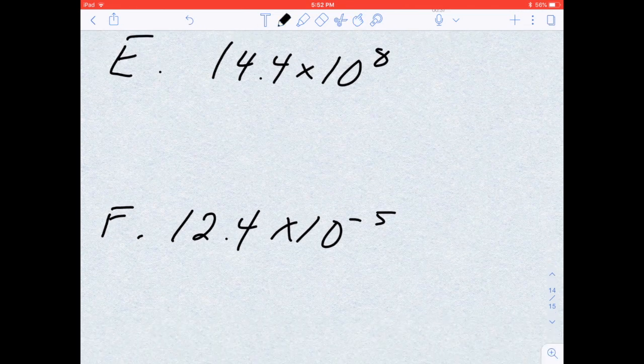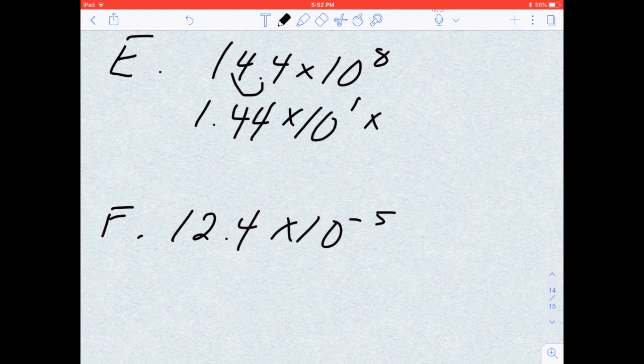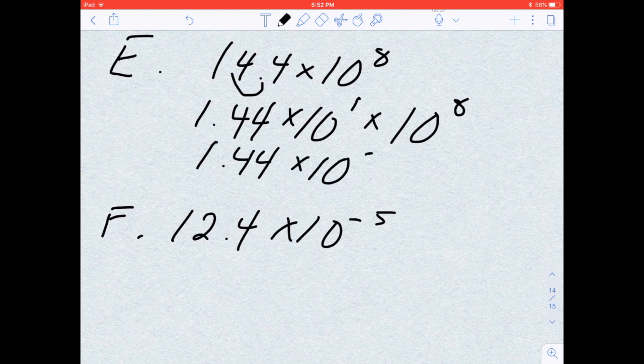All right, letter E, 14.4 times 10 to the 8th. I'm going to move my decimal over 1 time. 1.44 times 10. I move it to the left, so it's positive. Multiply that by my 10 to the 8th, and that gives me 1.44 times 10 to the 9th.